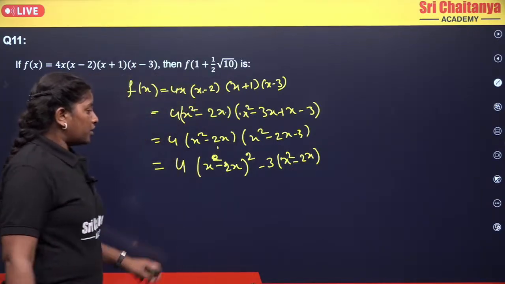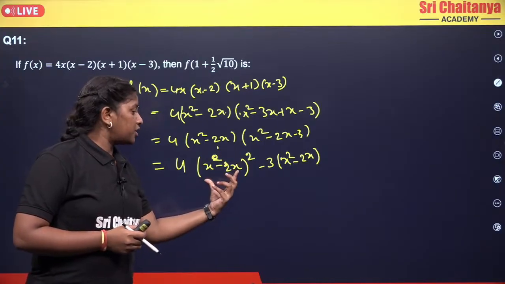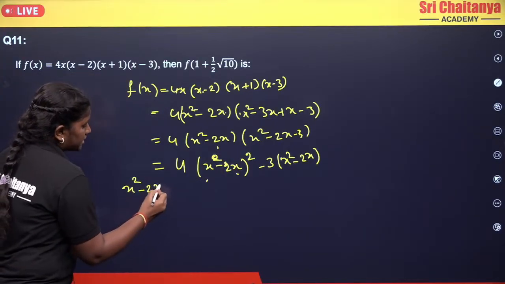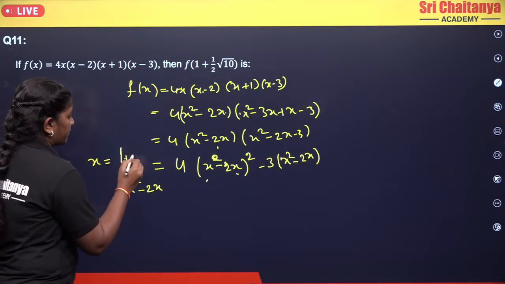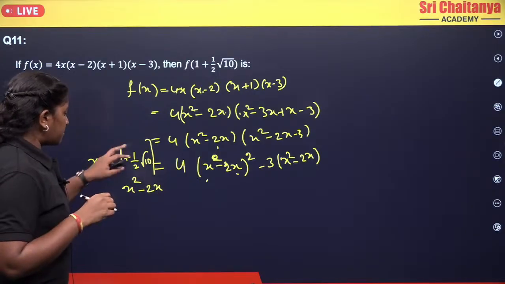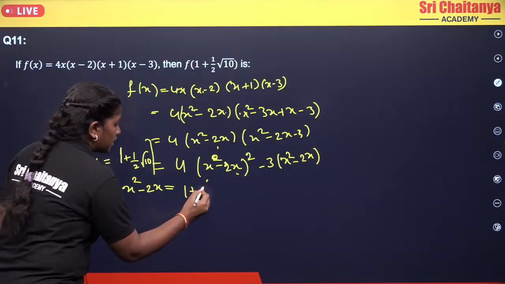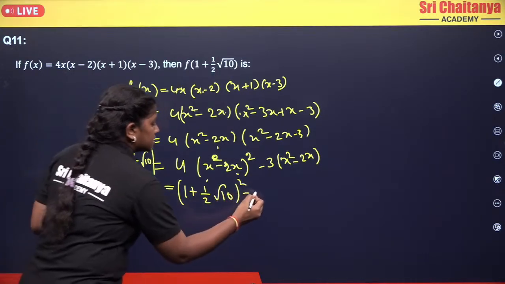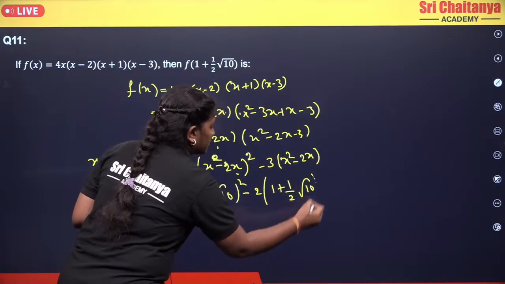Okay. Now, to find the required value, first of all we need to find the x square minus 2x value, where our x value is 1 plus 1 by 2 root 10. So we get 1 plus 1 by 2 root 10 whole square minus 2 into 1 plus 1 by 2 root 10. Okay.